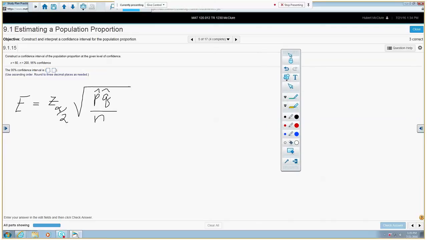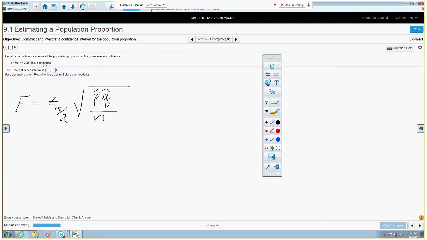Now your Z score, that's a 95% confidence level, alpha over 2. Remember to take the positive because they're just wanting the distance.